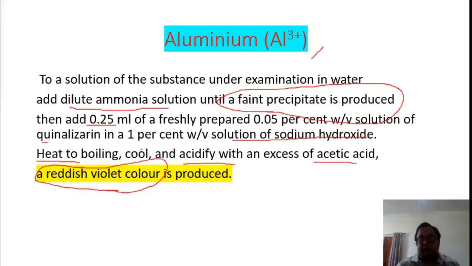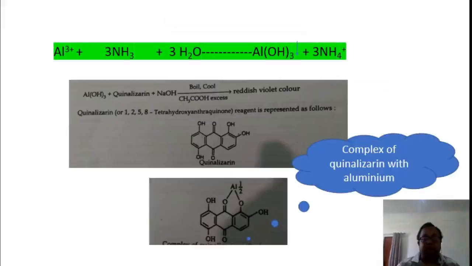Now see what reactions are taking place in this test. Here we can easily observe that aluminium cation reacts with ammonia to give aluminium hydroxide, that is, the precipitate of aluminium hydroxide.